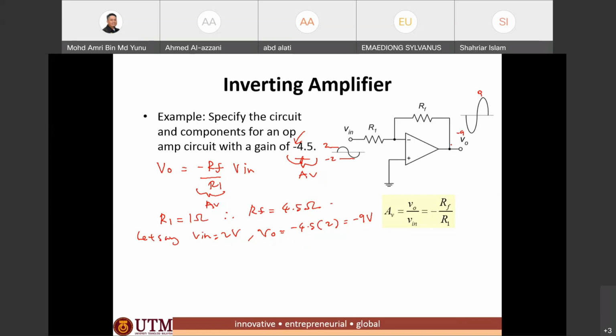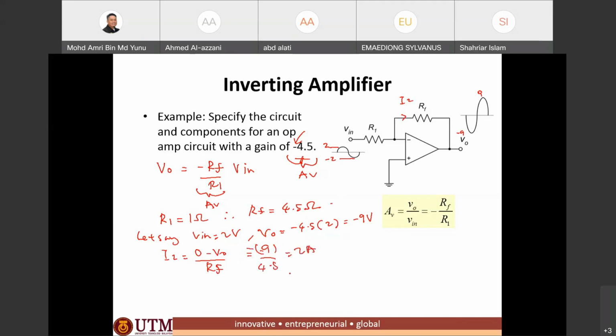So if we look back at the derivation, I2 is equivalent to 0 minus V out over RF, isn't it? So if we insert the value, negative 9 over 4.5, we get 2 ampere.